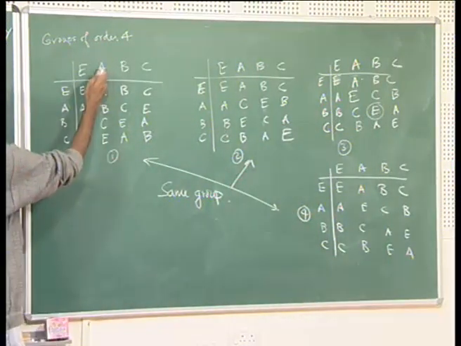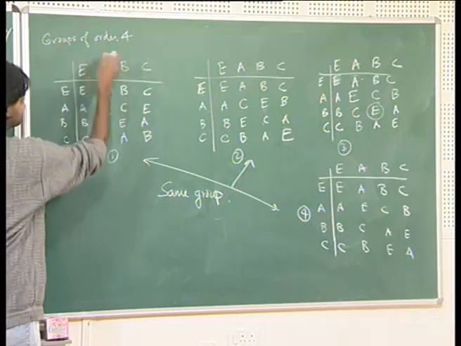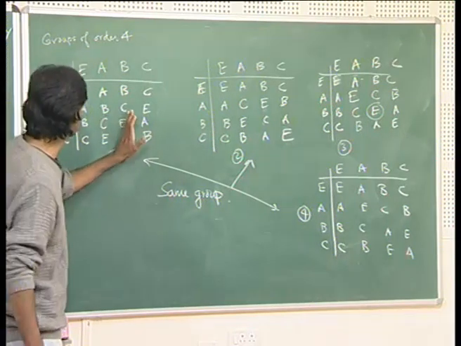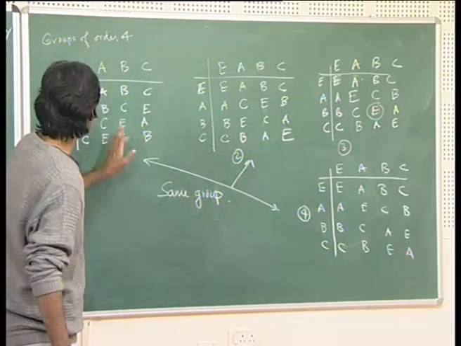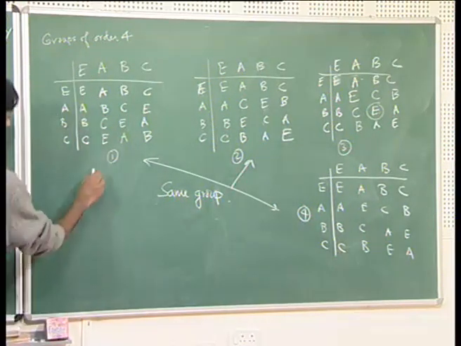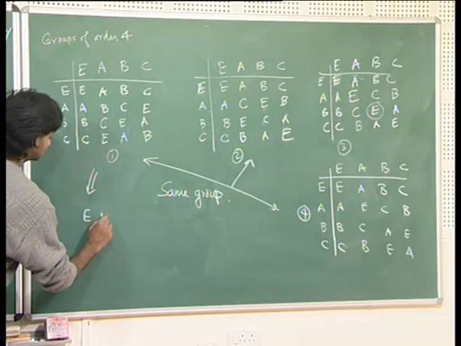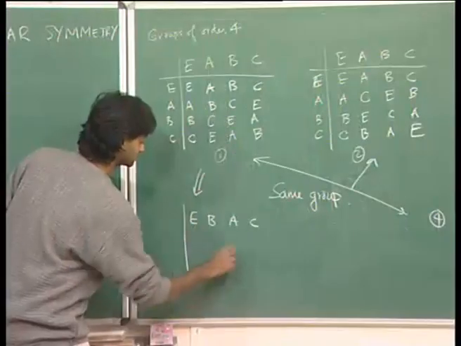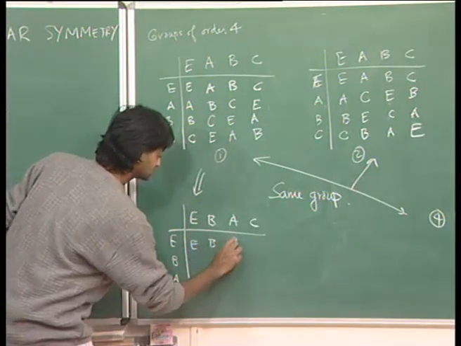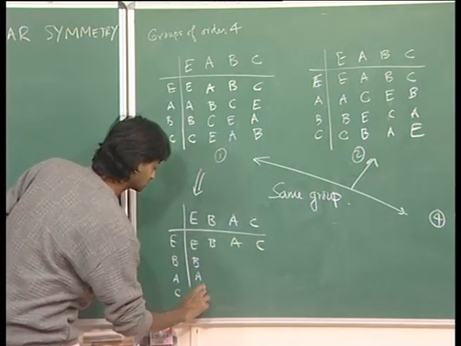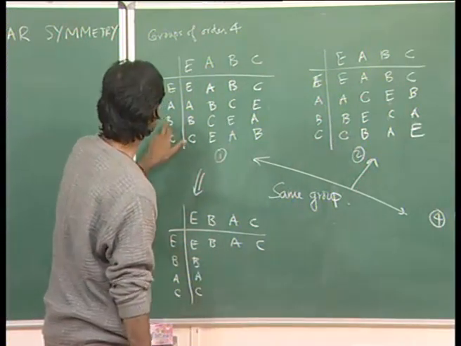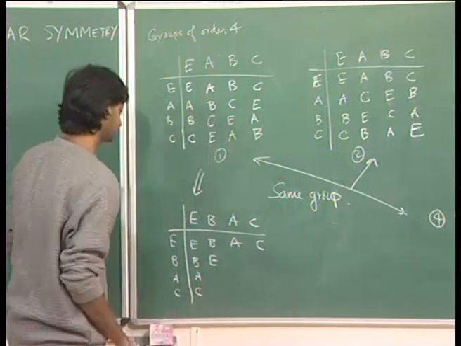Now as such there is nothing special about this order. I could always bring C here and A here. So I could always switch these two rows. Suppose I had written this as E, B, A, C, E, B, A, C. Now I want to find B times B. B times B was identity, so I have E here.